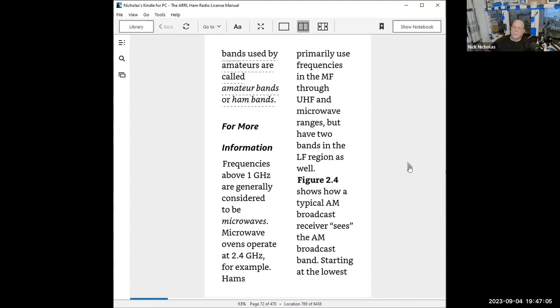Same with a commercial station. They get one frequency, and it costs them millions of dollars a year to use and retain that frequency. We get ours for free, $35 every 10 years. Pretty good bargain, if you ask me.